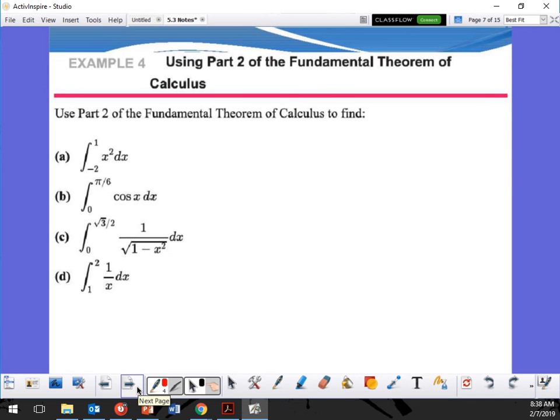Okay, let's do this now. Using the fundamental theorem of calculus, we're going to do this one. On this first one, we're taking the integration of x squared in terms of x. dx means it's in terms of x. It's possible to sometimes see something like the integral of 3t x dx.